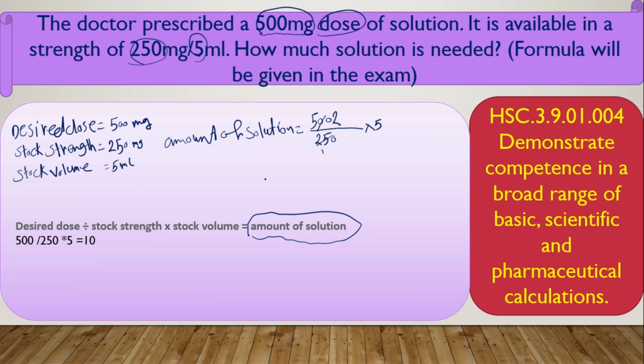Two times 5 equals what? The amount of solution is equal to 10. Okay.